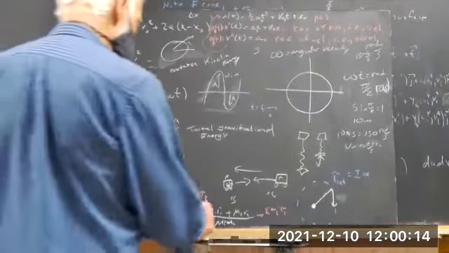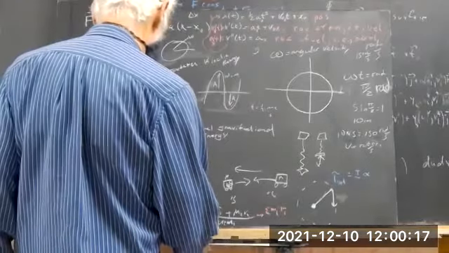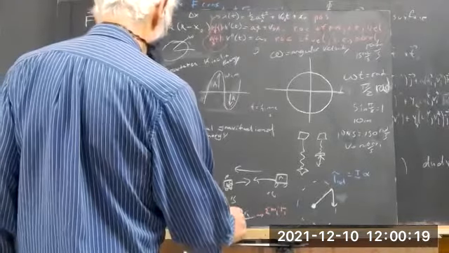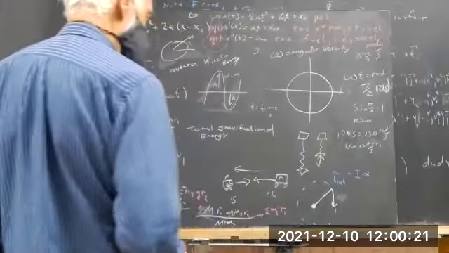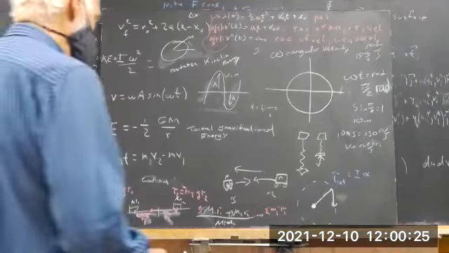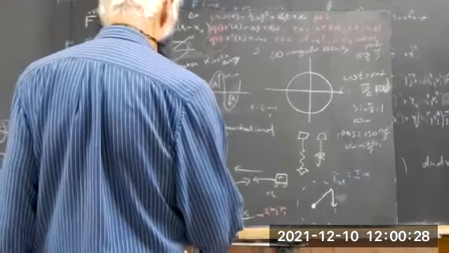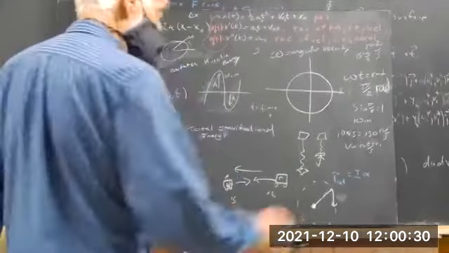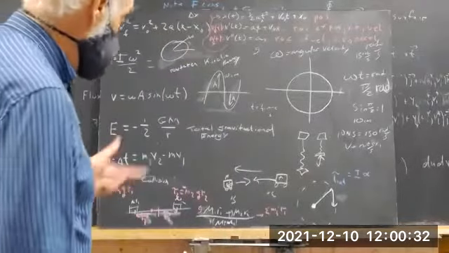Your numerator here would have a G on this term and a G on this term. But then you'd also have a G in the denominator here, so the G's would all divide out. Okay, so you don't need the G's.